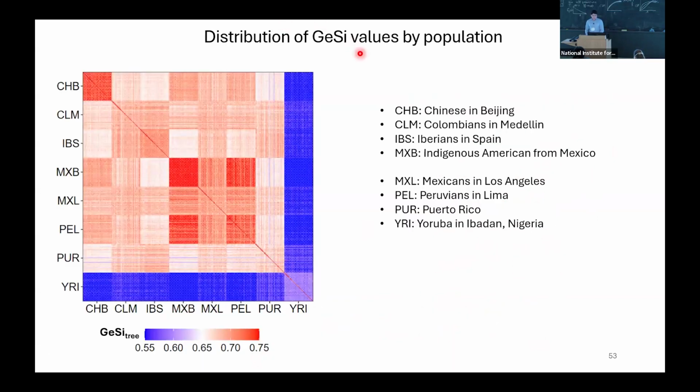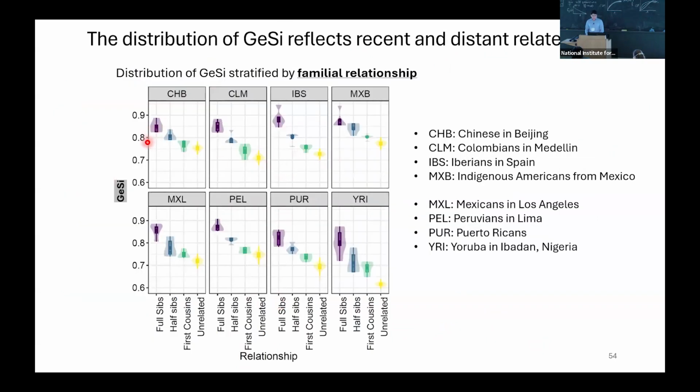And then when I plot the GC coefficient for all the samples, we see a clear clustering that represents the population labels, but we see that its distribution also depends on the levels of familial relationship.